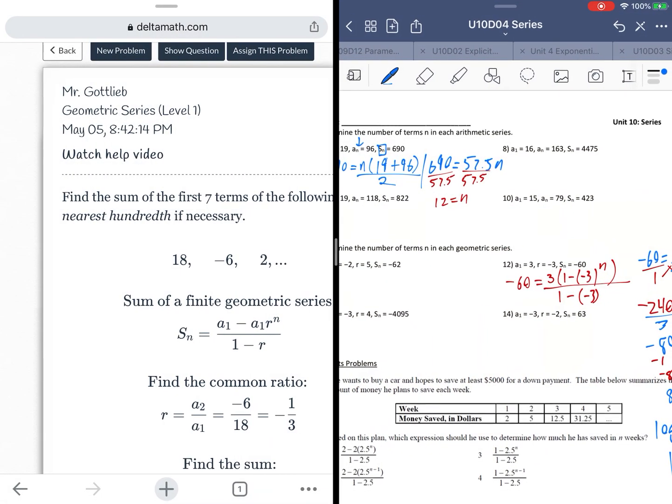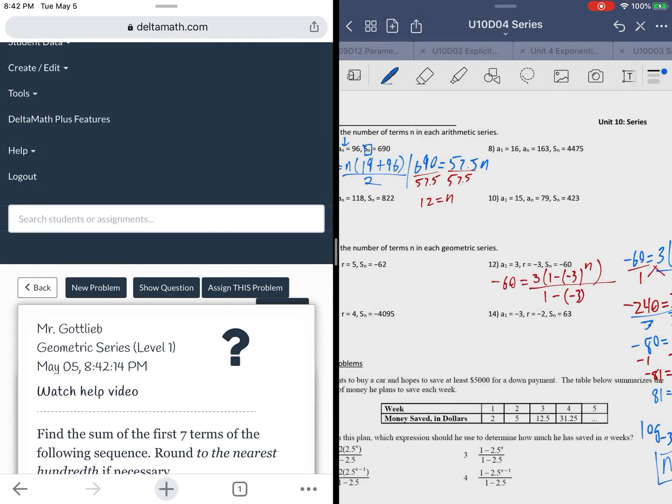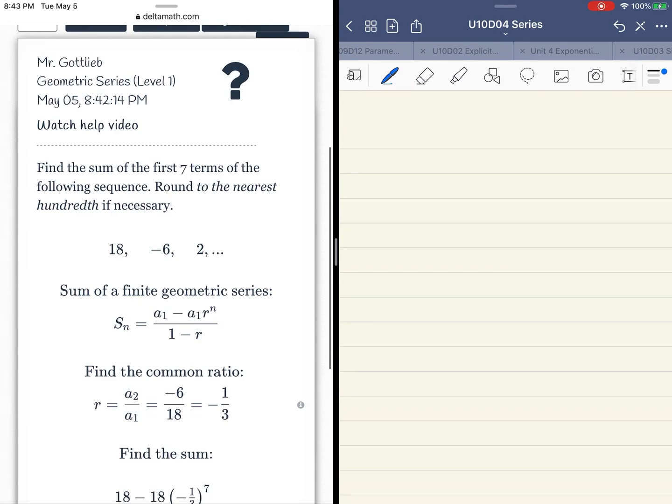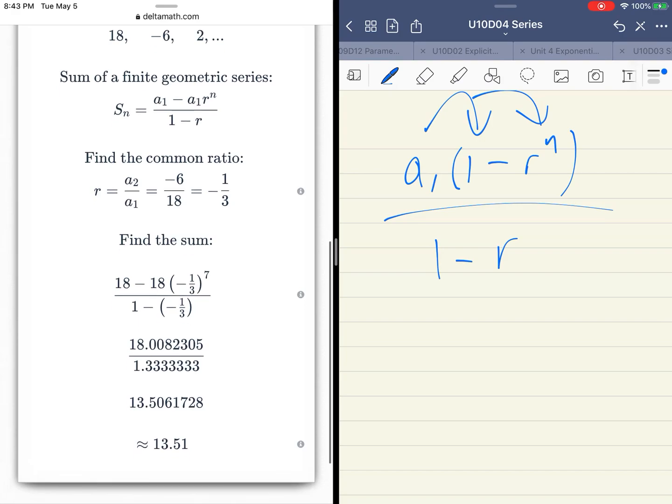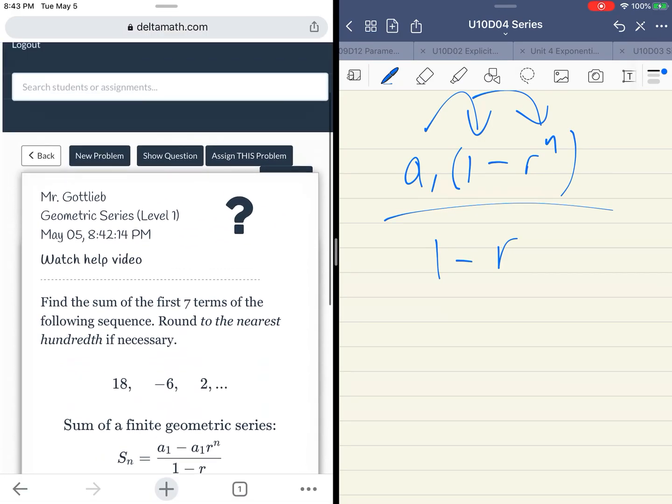Okay, so I'm just trying to open the assignment again for a new page. So the difference between the formula that I gave you, A1 times 1 minus r to the n, and the denominator is 1 minus r, is that they distributed the A1, so that should hopefully help avoid any confusion. So they had to find r using the same formula that I showed you for r, and then they just plugged in A7 for the exponent.